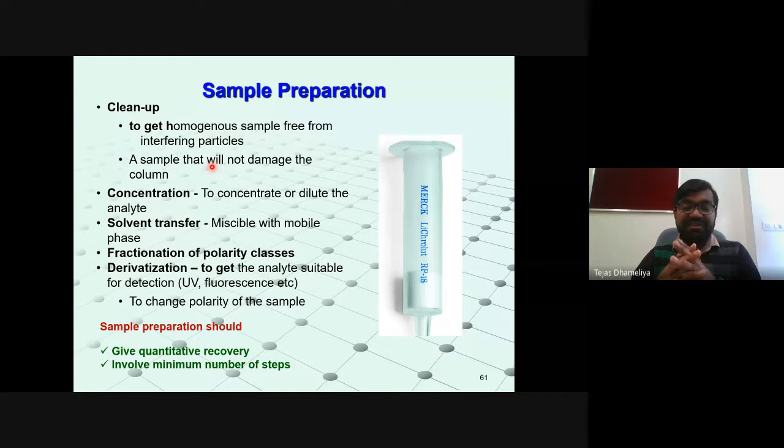The moment they block the column, pressure will increase. The system will be at risk because HPLC is not only high performance, it is also driven by pumps, and pumps are known for pressure. If something is blocked, it will create pressure, and then we can have a blast.